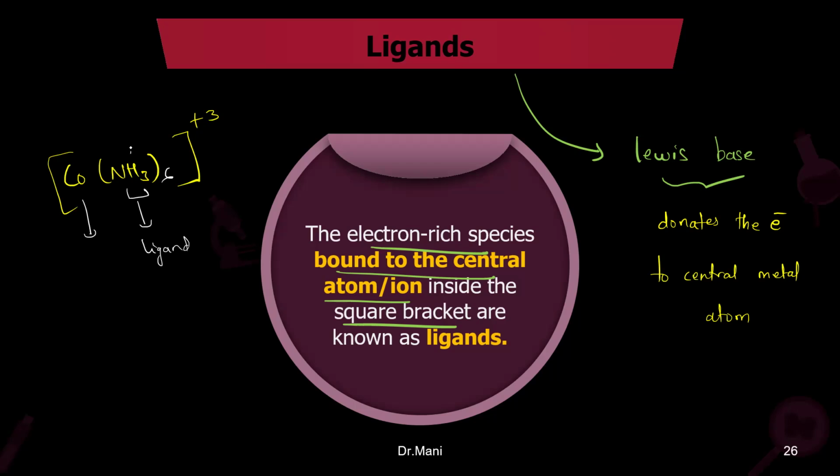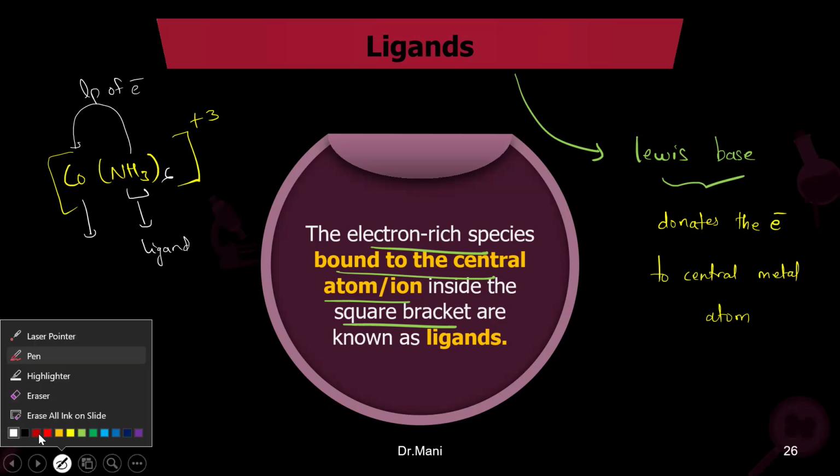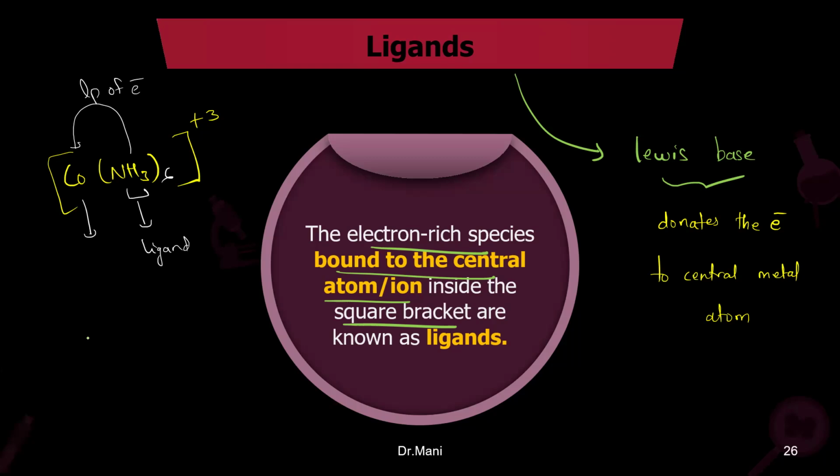So remember here, ammonia donates a lone pair of electrons to the central atom. Okay. And that's how they will be forming the coordinate covalent bond with the central cobalt atom. Okay. So remember this. This is very, very important.